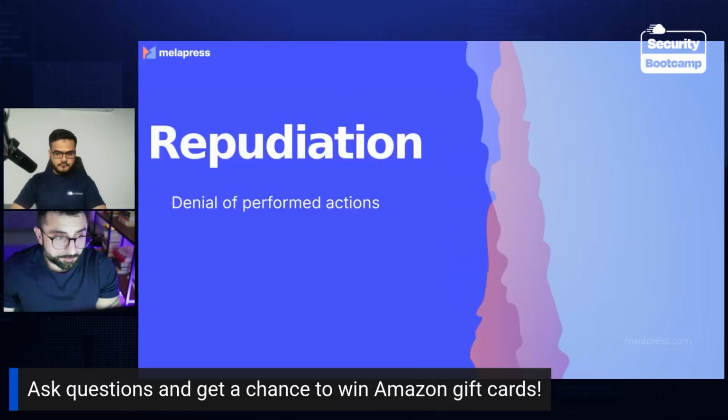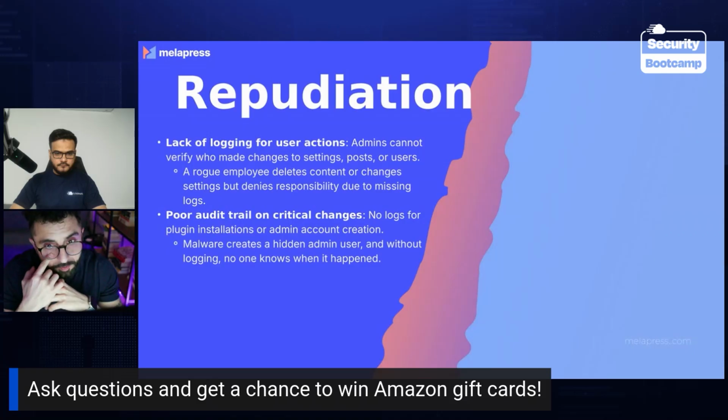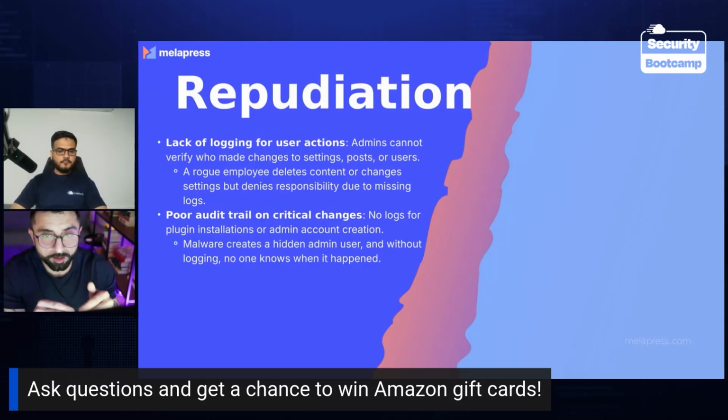Moving to the next one, repudiation, a fancy word which means denial of performed actions. How does this happen in WordPress? We can have an employee deleting content or changing settings, but when questioned, denies that it was them.